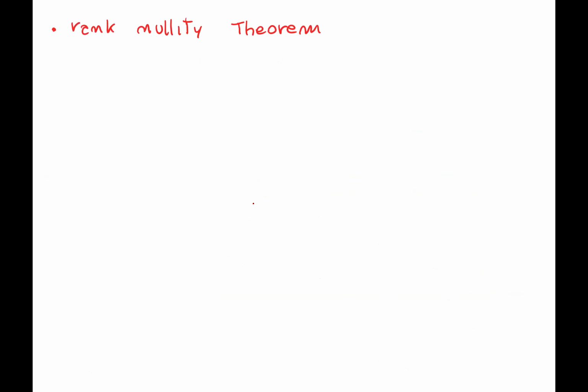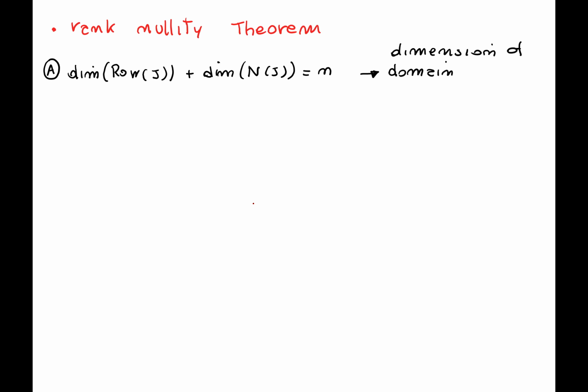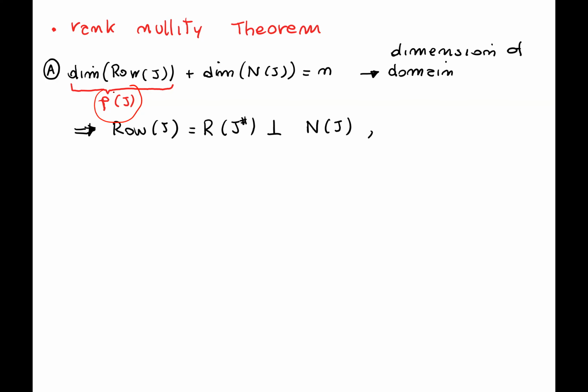Then we have this important theorem, the rank nullity theorem, which basically tells us that the dimension of the row space of J plus the dimension of the null space of J is equal to the dimension of the domain n, and the dimension of the row space, we said, is the rank.